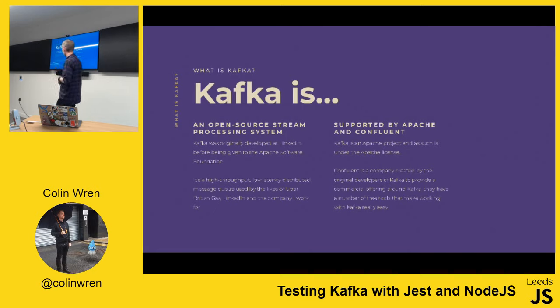I think it's started to replace things like ActiveMQ and Rabbit. It's an Apache project, so a lot of the Java devs like to use it. And more importantly, there's a company, as there always is, that is the original developers who are trying to make some money off of it. Confluent have some really good tools that I'll touch on later.